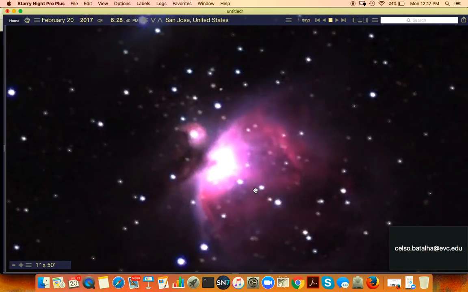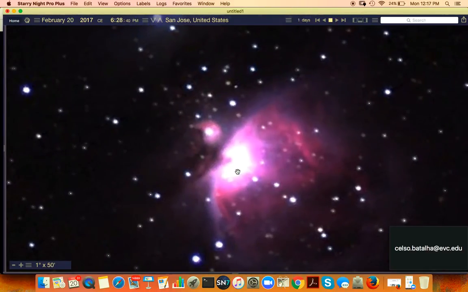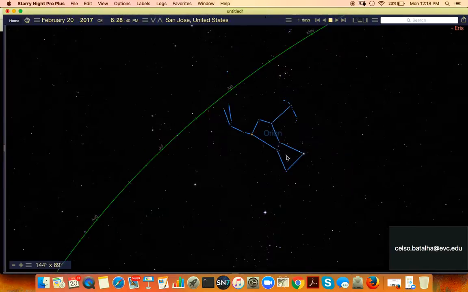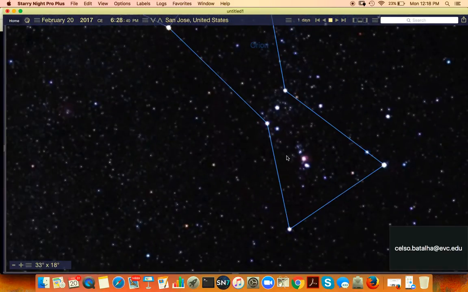Here the picture is not showing well, but if you look closely, oh, there you go. So you see these 4 stars, 1, 2, 3, 4. The brightest of them all is in fact an O star that has a heck of an ultraviolet radiation, and this ultraviolet radiation is creating the entire glow in the nebula, and that's how we see it.